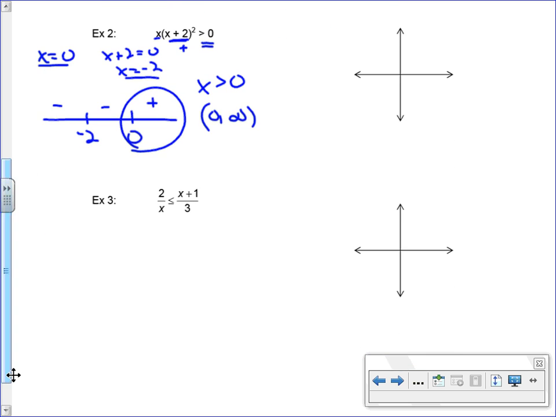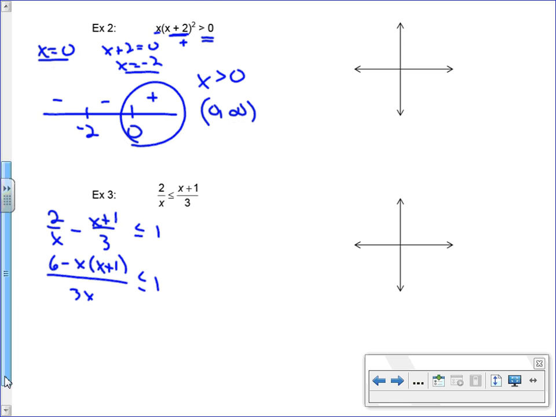The last one, interval testing, does work if you leave the inequality like this, but it's hard. So this is one of the cases where it's easier to move everything over to one side, right? And it's much, much easier if you get a common denominator, and then clean up that numerator just a little bit.